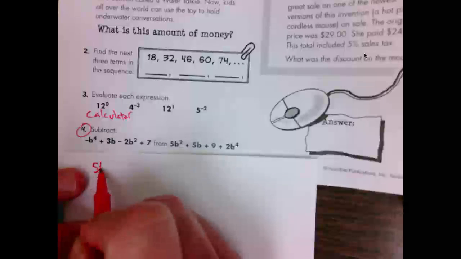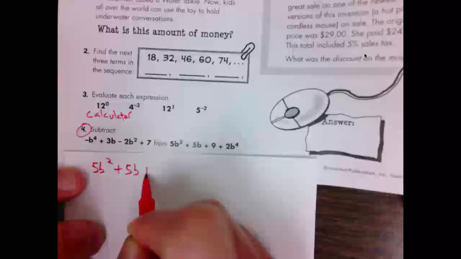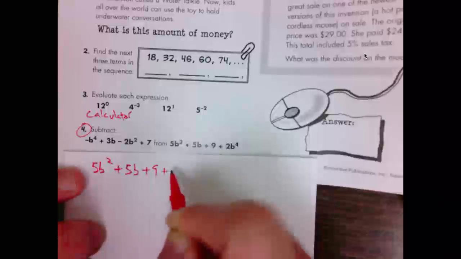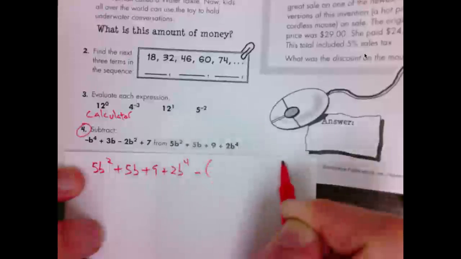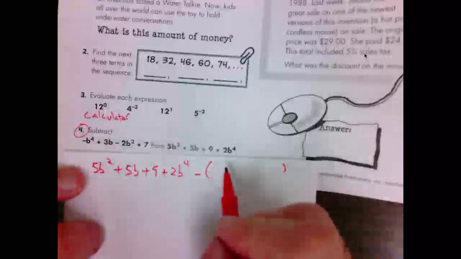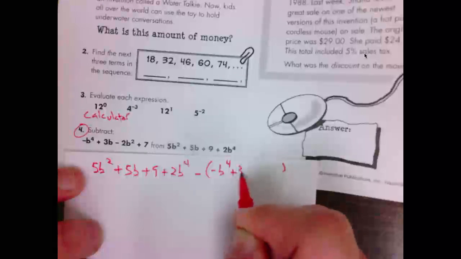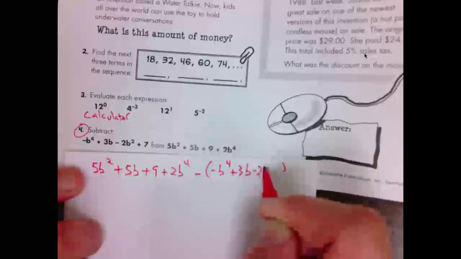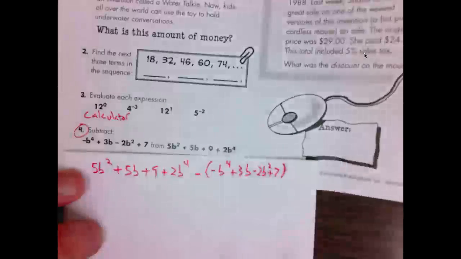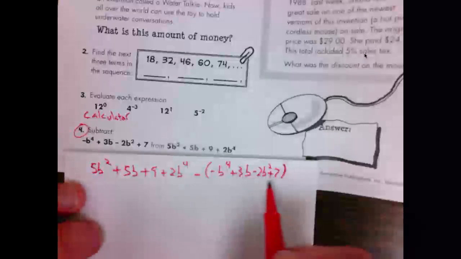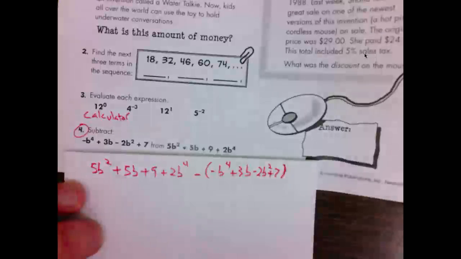Five b squared plus 5b plus 9 plus 2b to the 4th, subtract, and I need to place this into parentheses because I'm looking to take all of it away, negative b to the 4th plus 3b minus 2b squared plus 7. Okay, when we subtract a parentheses, we need to change all signs in the parentheses following the subtraction.